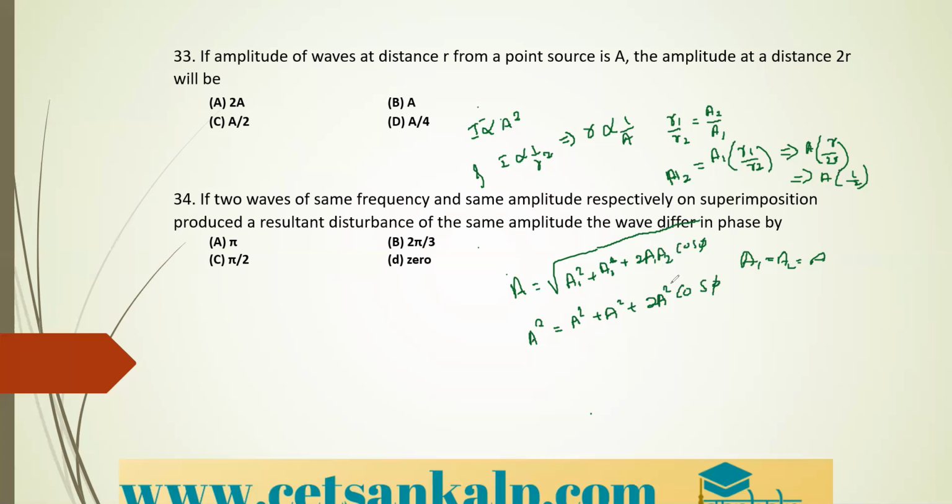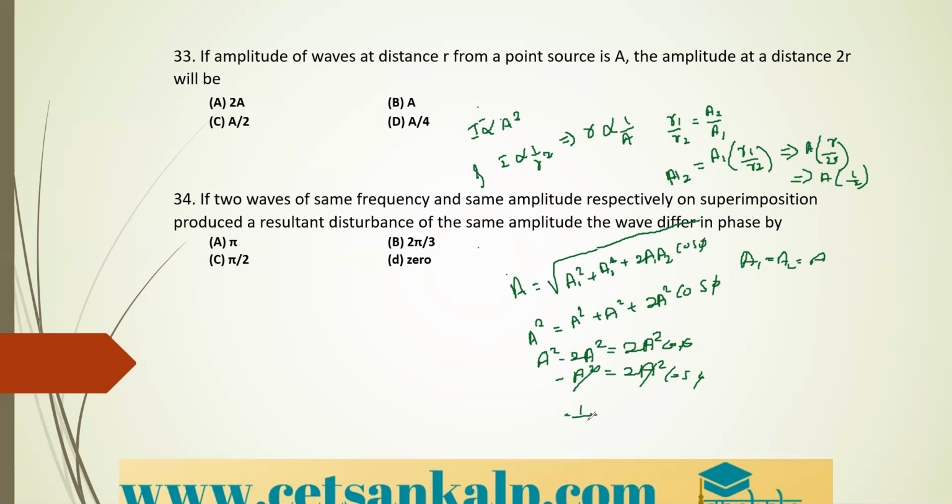Therefore, A square minus 2A square is equal to 2A square cos phi. A square minus 2A square is minus A square, and here again A square will get cancelled.